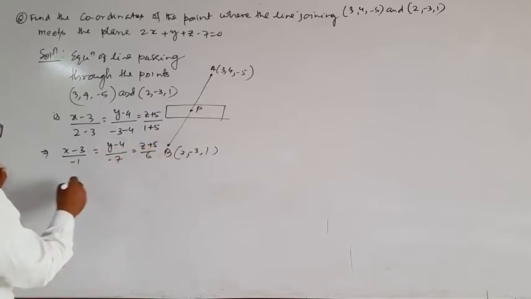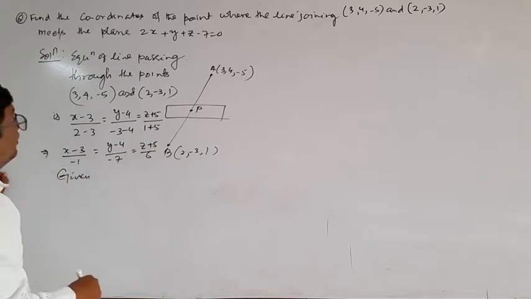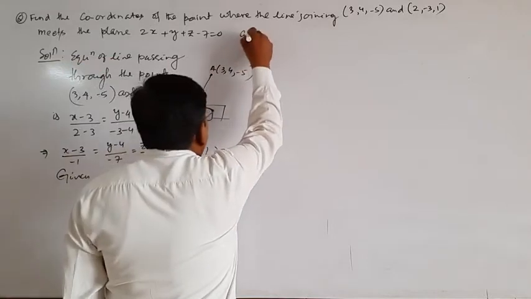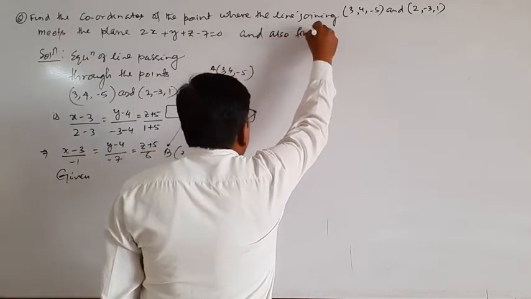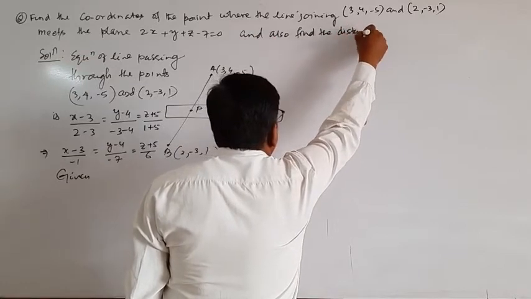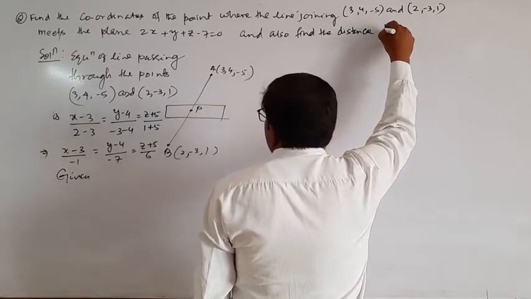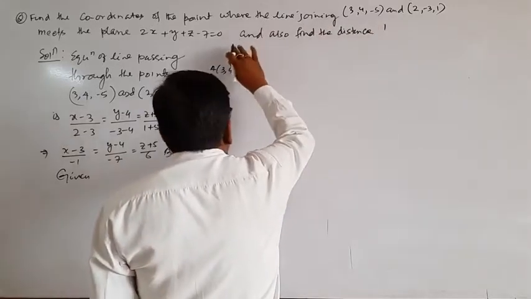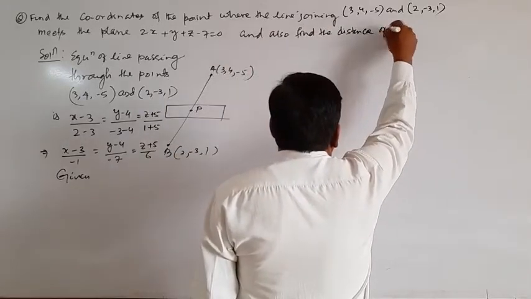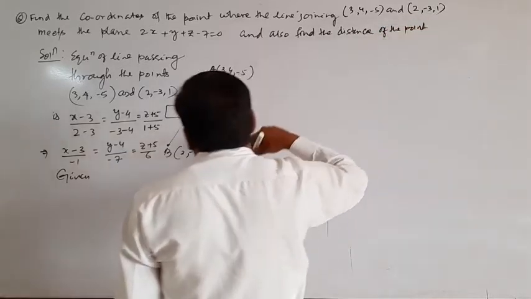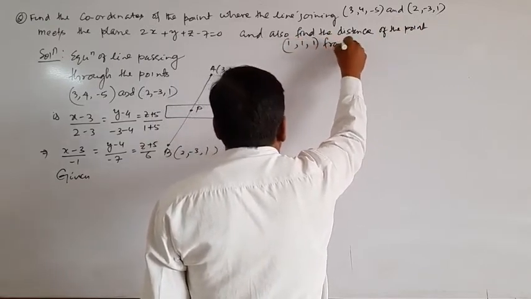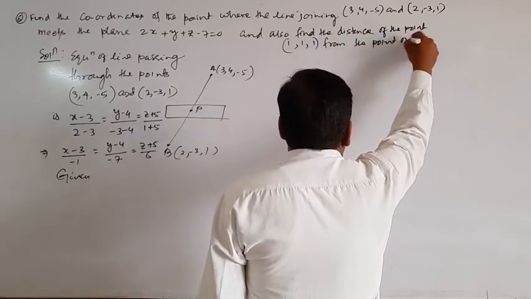And the equation of plane is given. Also find the coordinates of the point where the line joining meets the coordinate planes, and also find the distance of the point 1, 1, 1 from the point of intersection.